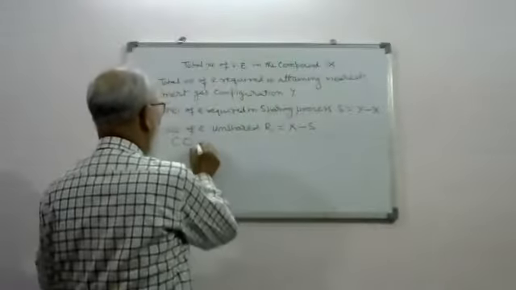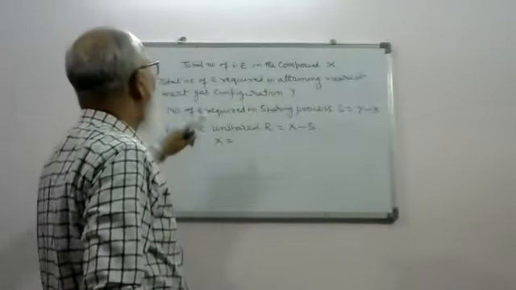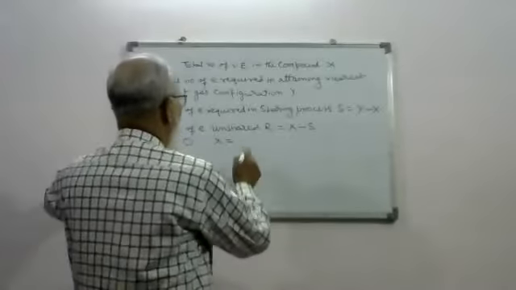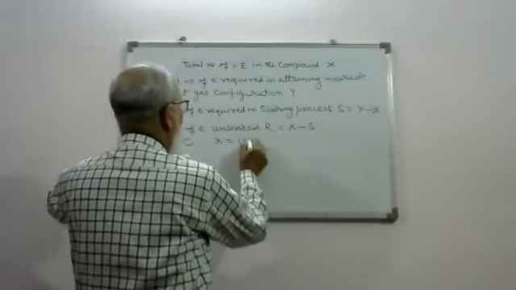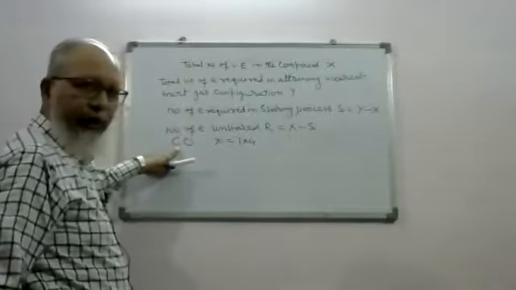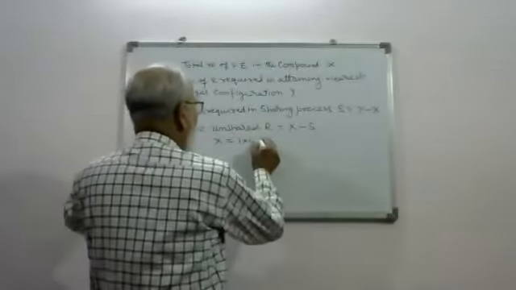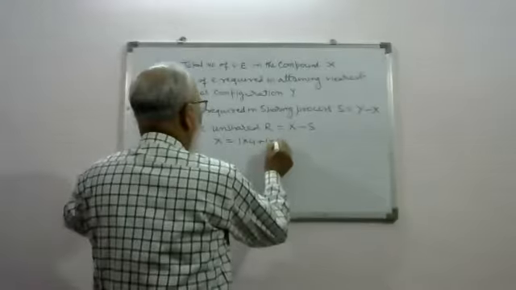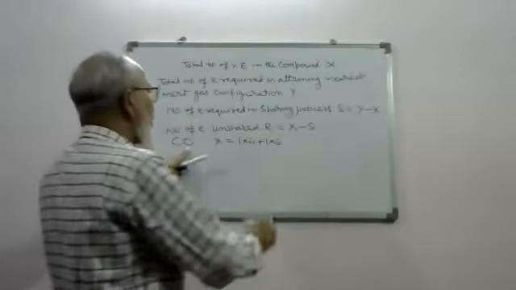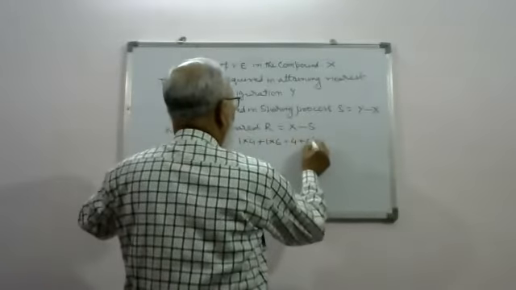So for carbon monoxide, X, the total number of valence electrons in the compound, will be equal to 1 into 4 valence electrons for the carbon atom, plus 1 into 6 for 1 oxygen atom, 6 valence electrons. So this will be 4 plus 6 is equal to 10.